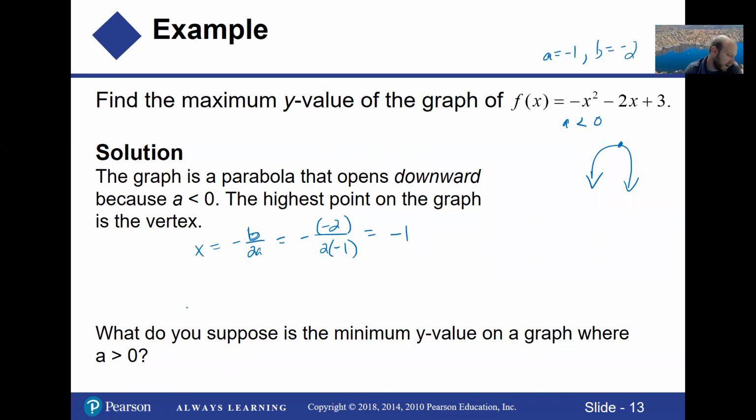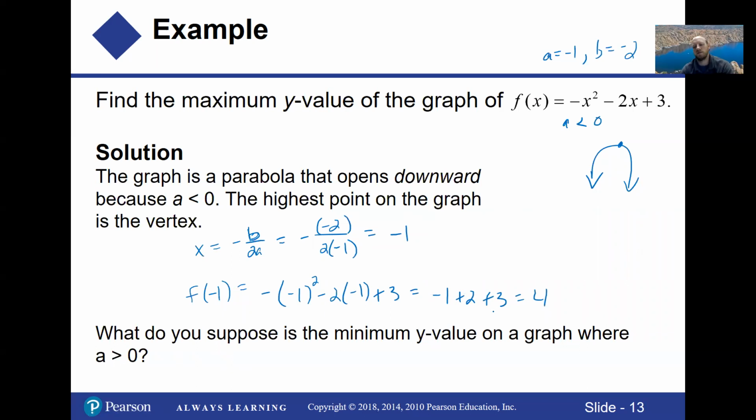So it's just -1. And then the y value is going to be, when I substitute -1 back in for every x value in that quadratic, let's do a little math here. -1 squared is 1, I have a negative out front, so it's -1, minus -2 times -1 is +2, and then +3.